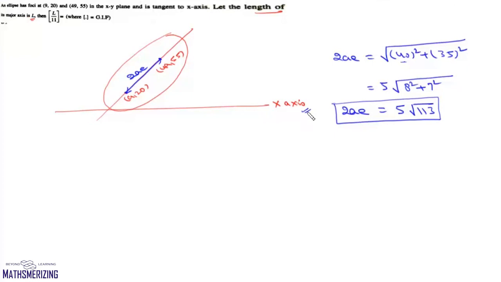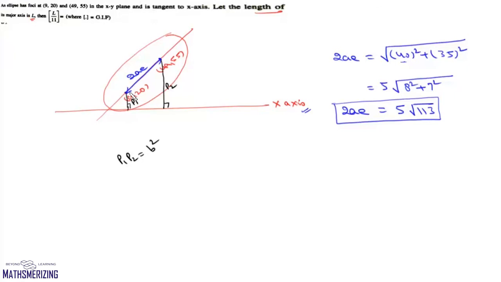Now this x-axis is one of the tangents to this ellipse. Now this one result that we have studied previously is that the product of length of perpendiculars from two focus on any tangent is always constant, and that is equal to b square. So that means the product of these two perpendiculars, say P1 and P2, so P1 into P2 must be equal to b square.